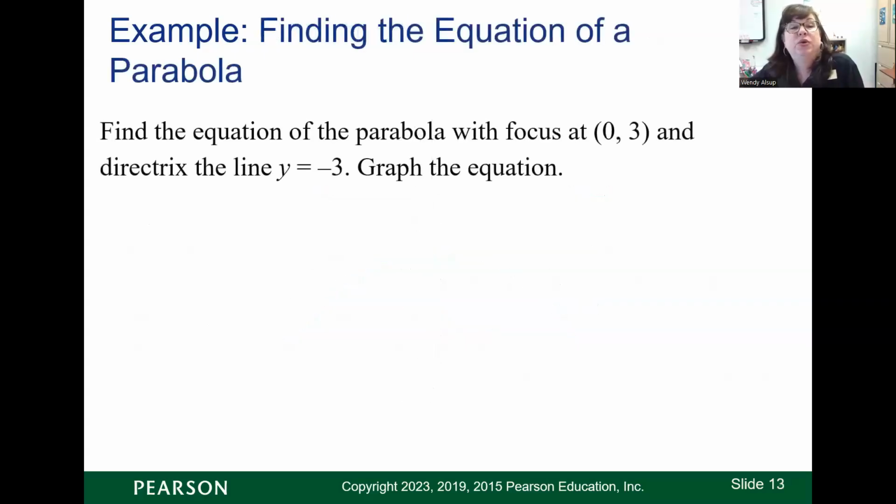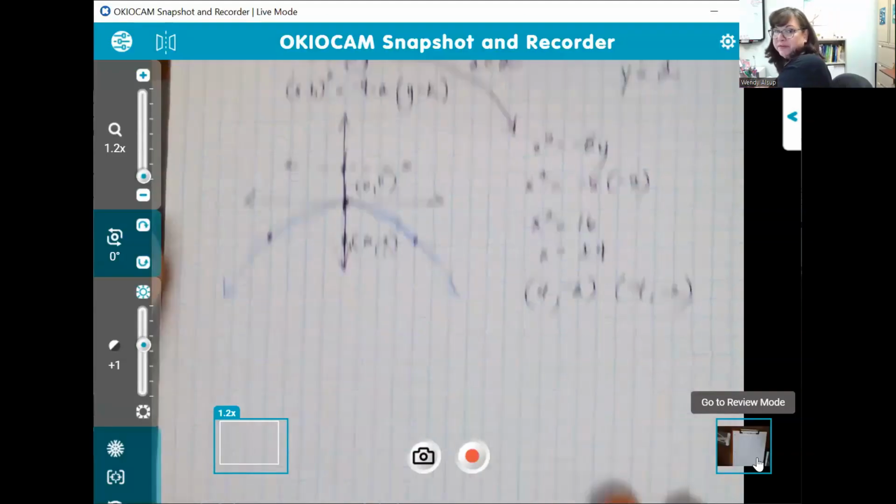All right, how about the equation of the parabola with a focus 0, 3 and a directrix line y equals -3? So this time we're not telling you the vertex. We're not telling you too much about the parabola, but the things that are not on the parabola that help you define it.